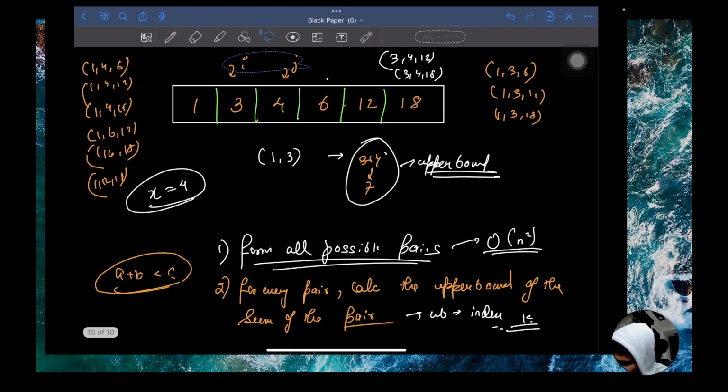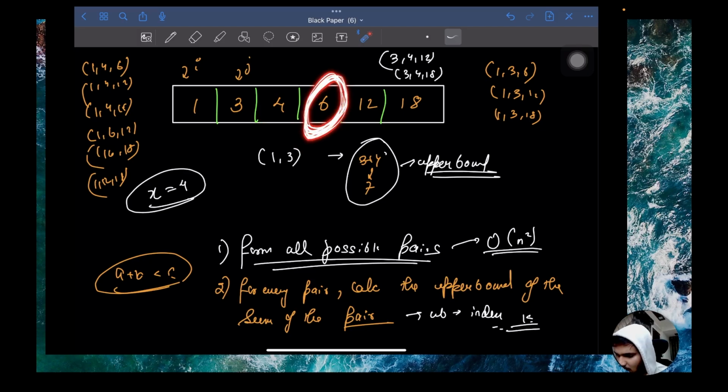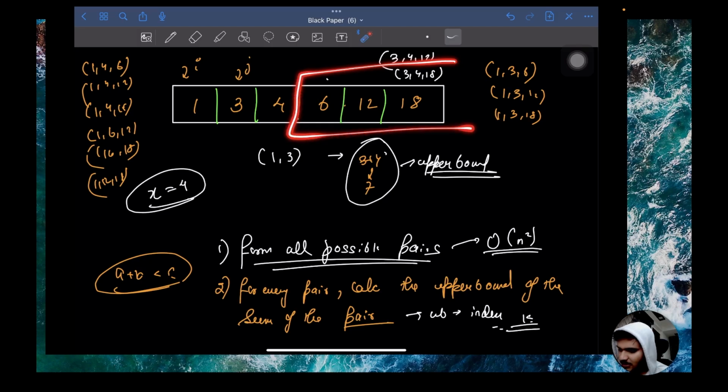So if you see, when i and j were here, the upper bound was this. So how many pairs did it contribute? It contributed 3 pairs, right?